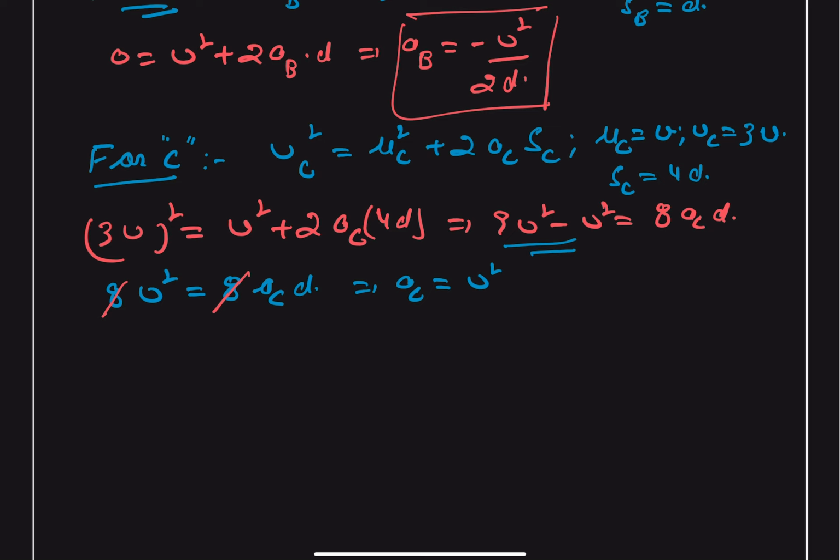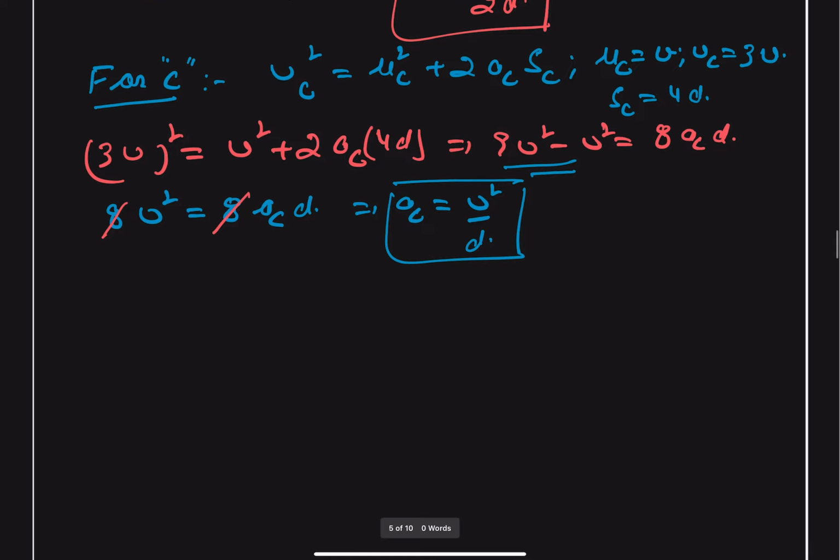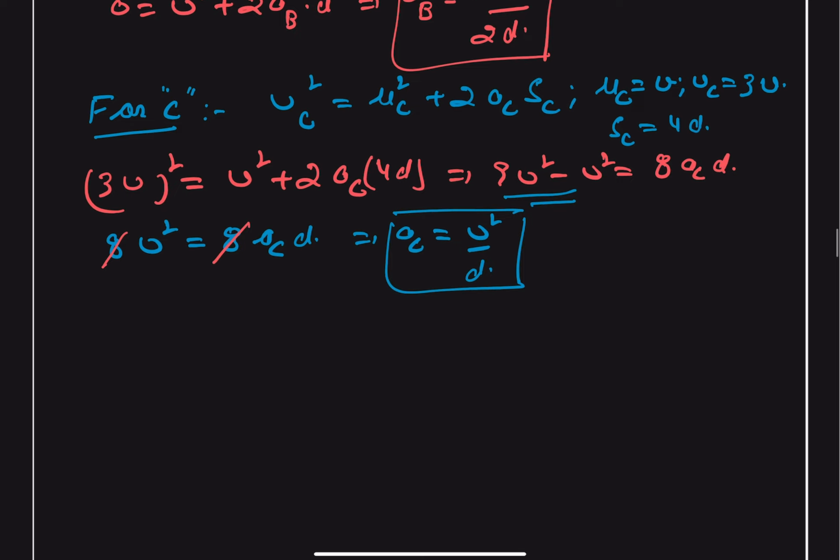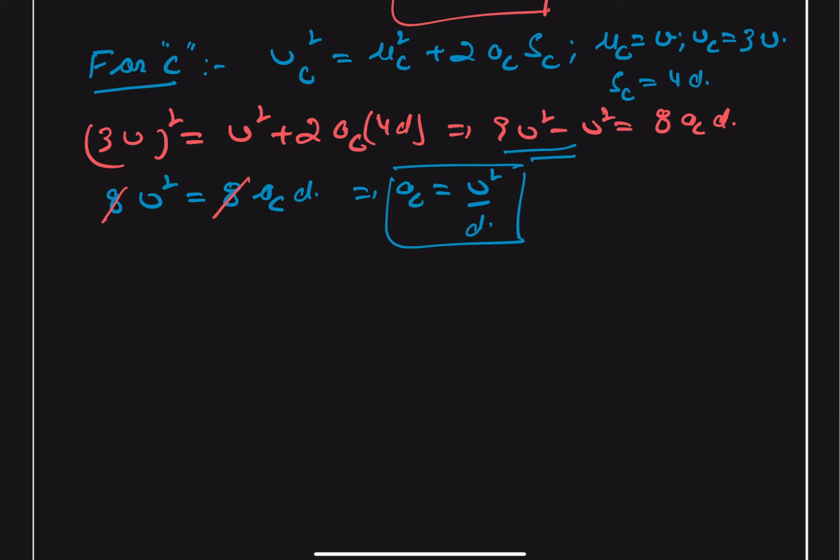So we found out the relationship between the acceleration of A and B respectively with the velocity V as well as distance D. Now we find out the ratio of AB by AC, and we are only considering the magnitudes here. So AB upon AC will be equal to V square upon 2D over V square upon D, which comes as 1 by 2.